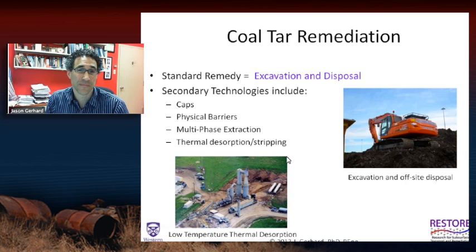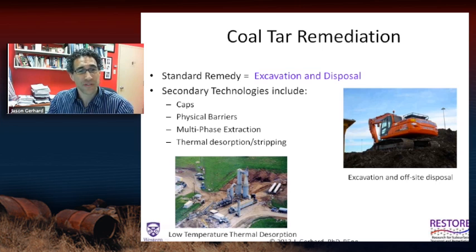It also results in accidents and deaths, as the trucks rumble back and forth from the site to the landfill. And then, of course, it doesn't really treat the material. It's just deposited somewhere where we don't have to look at it anymore, but it hasn't really removed the liability. So it's not a great solution.